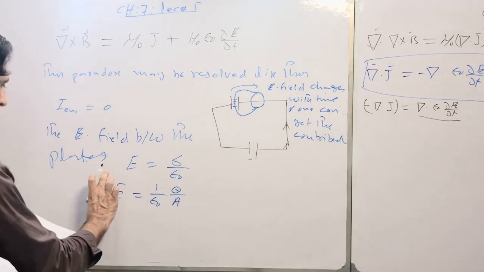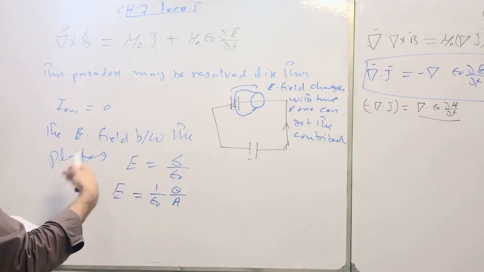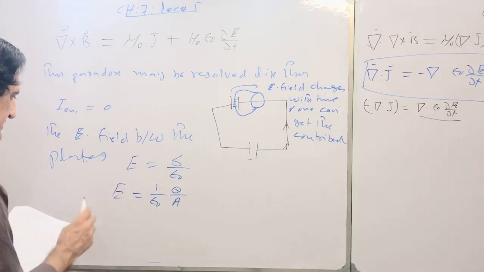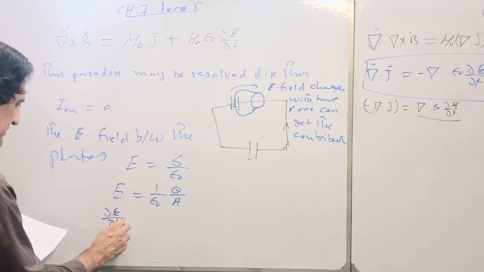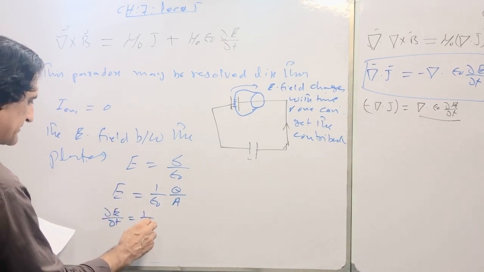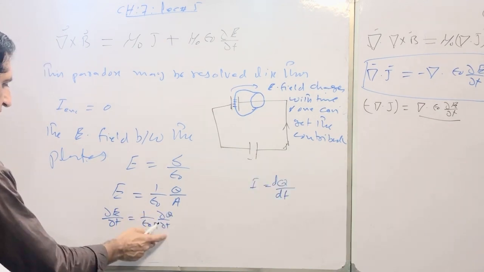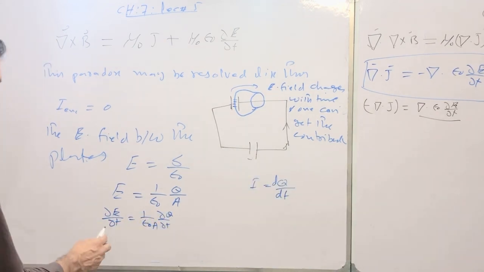And if I take the derivative of this, then we may have partial E divided by partial T, which is equal to 1 over epsilon naught, and partial Q divided by partial T. This is current.